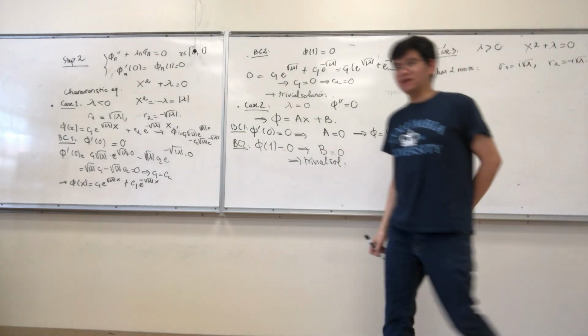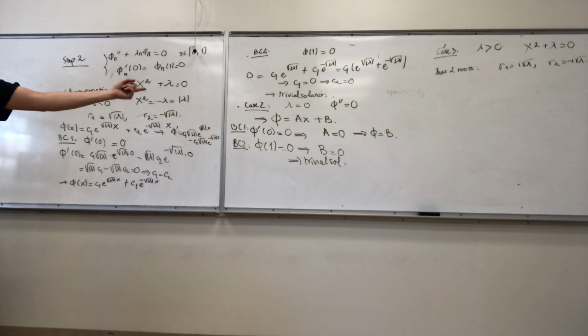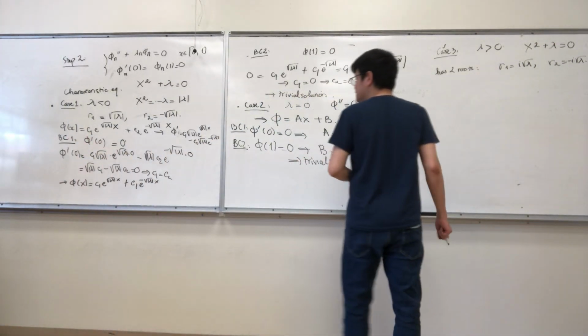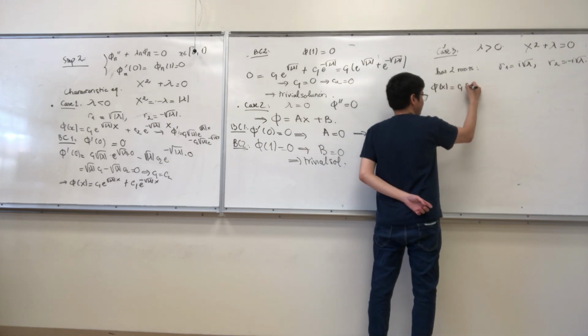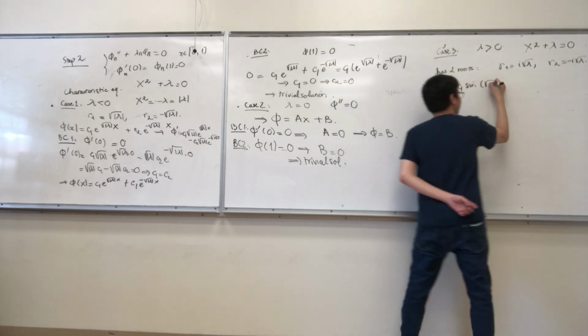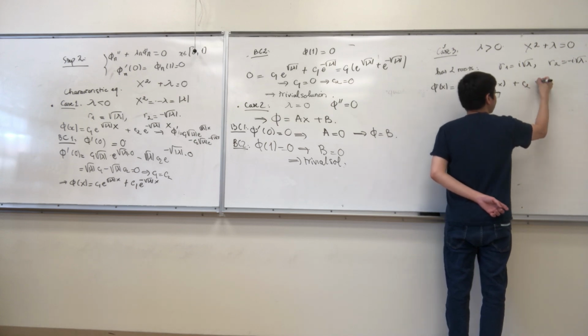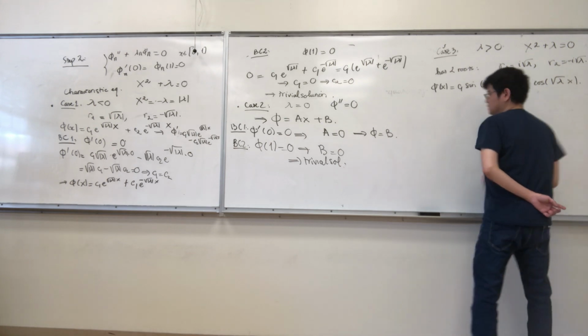All right. The last case is lambda is positive. So when lambda is positive, you have two solutions, i square root lambda and minus i square root lambda. Right? So in this case you have C1 sinus of square root lambda x plus C2 cosinus of square root lambda x. All right?